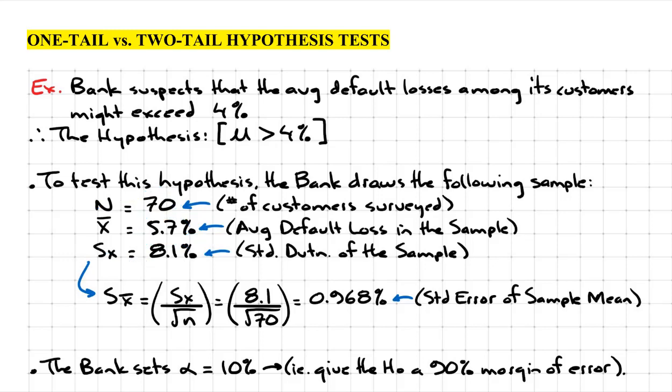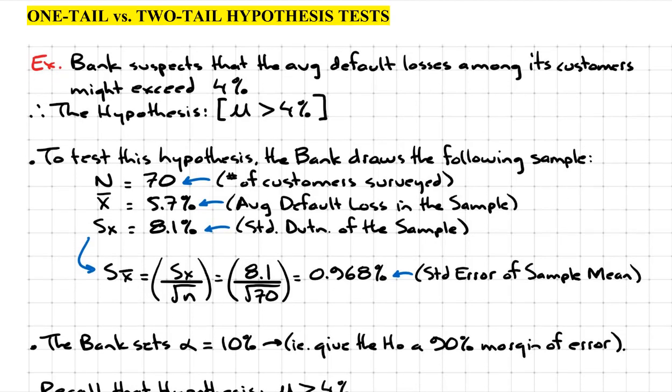But here's the thing, ladies and gentlemen, we're not interested in the dispersion of individual observations because we're testing for the mean, not individual observations. So rather than looking at standard deviation, we're going to be looking at standard error of the sample mean. In other words, I don't want to know the dispersion of individual observations.